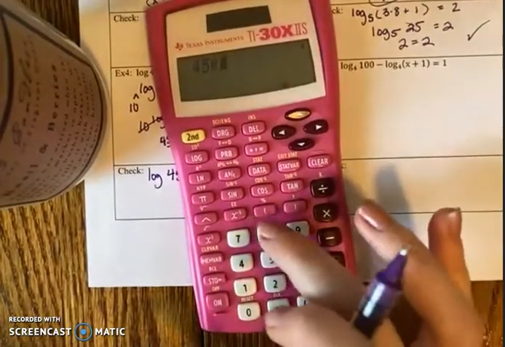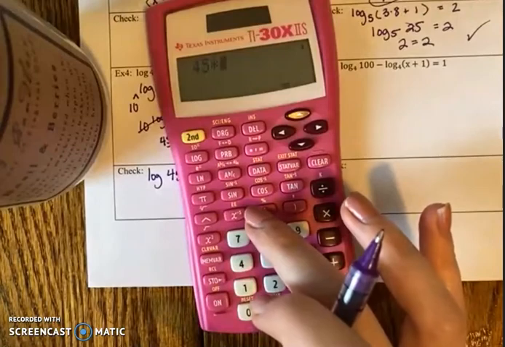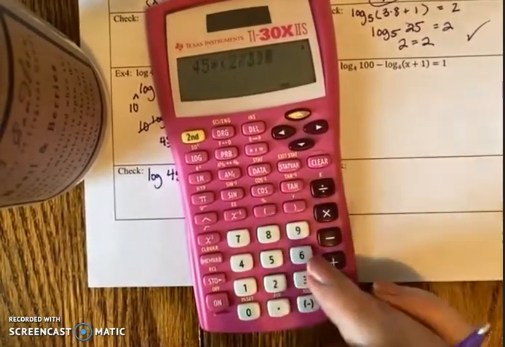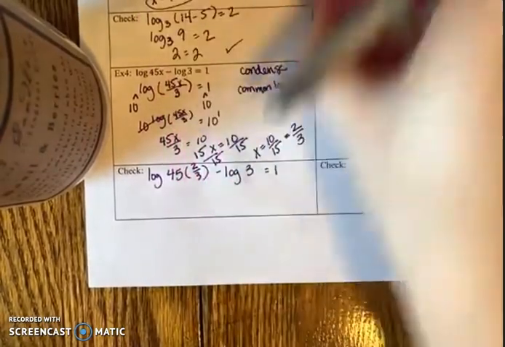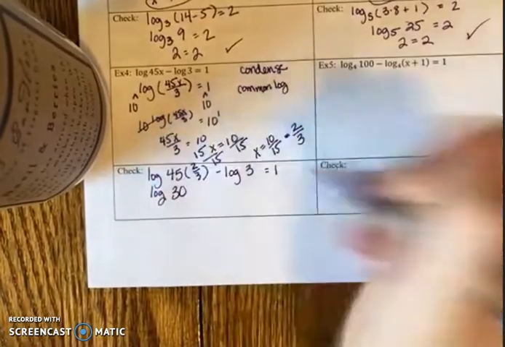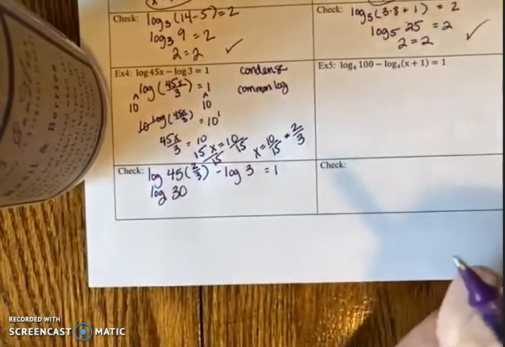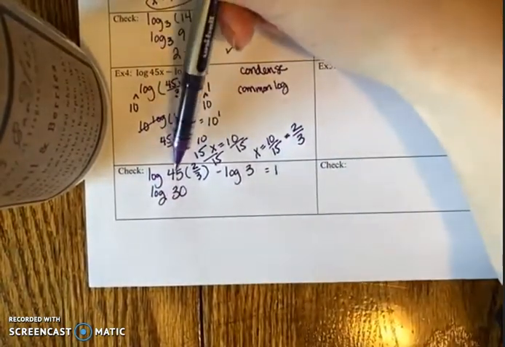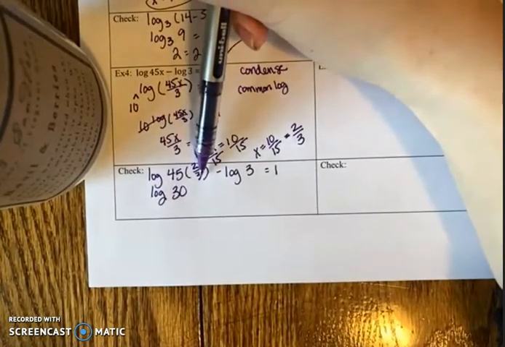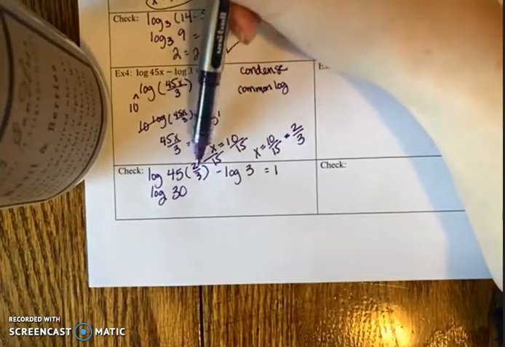I just want to remind you, to do a fraction, you need to use parentheses. So 2 divided by 3, you get 30. Another way you could have done it is just simplified it. So I see 45 over 3. 45 divided by 3 is 15. 15 times 2 is 30.